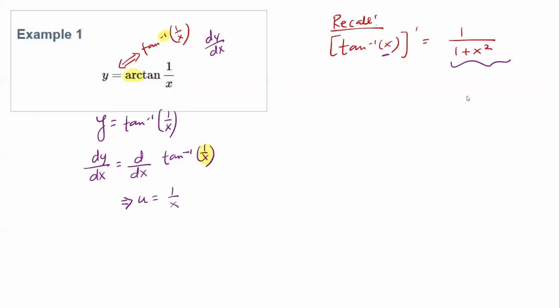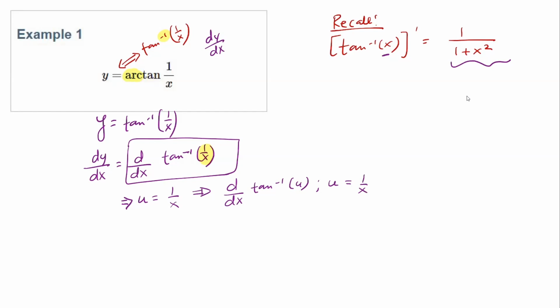Then I can see the whole thing as d over dx of tan inverse of u, where u equals 1 over x. This is only to visualize how to simplify a complicated looking problem. Because u equals 1 over x, if I convert that to the formula, our solution should look like 1 over 1 plus u squared.